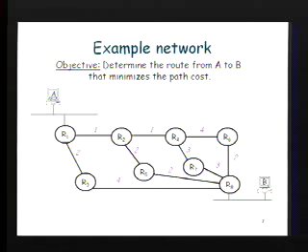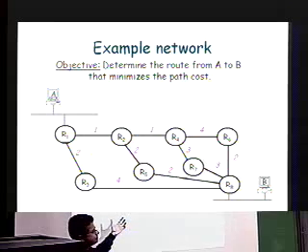So here these costs could refer to the delay on a particular link, it could be the loss rate on a particular link, or it could be the inverse of the bandwidth of a particular link. The more the bandwidth of a particular link, the less is the cost. That's better for your connection.